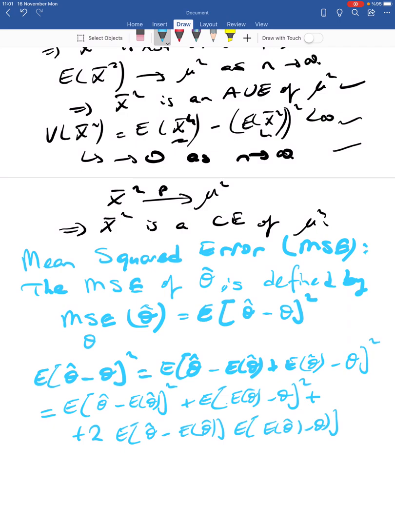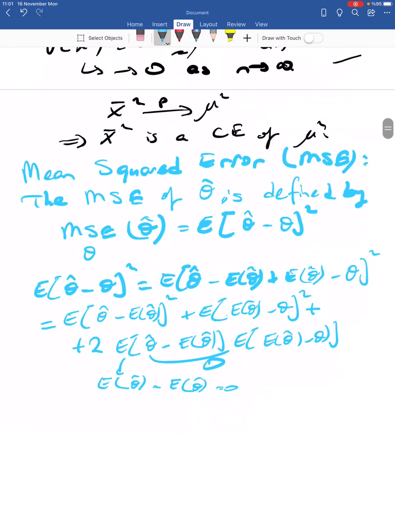So when we take this, the quantity expected theta hat minus expected theta hat will be 0.